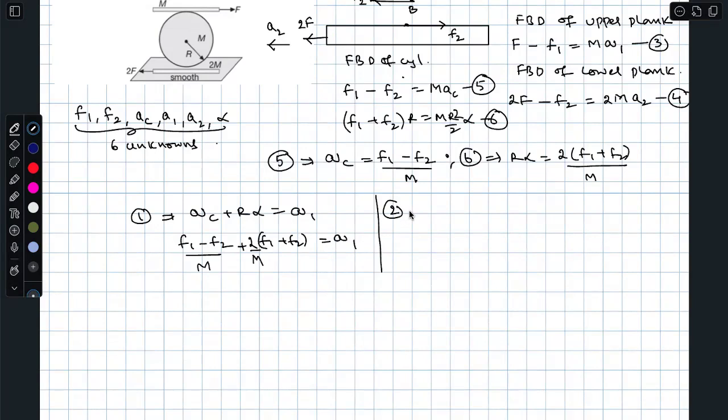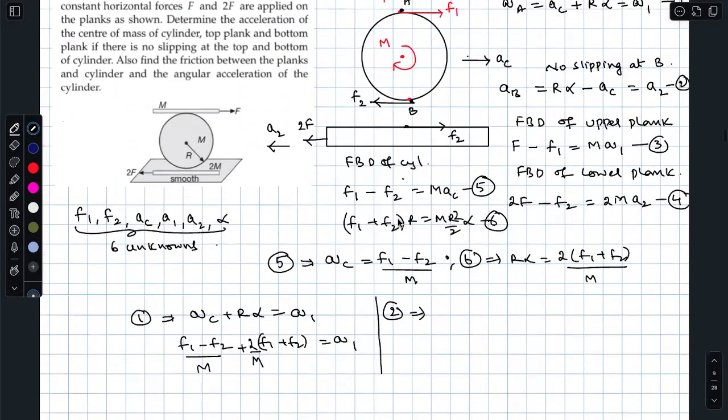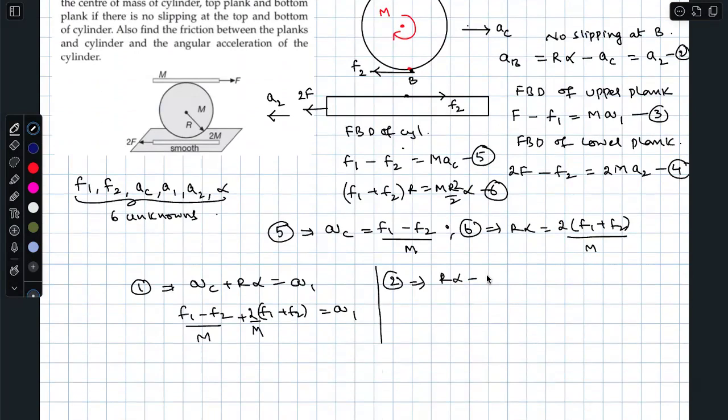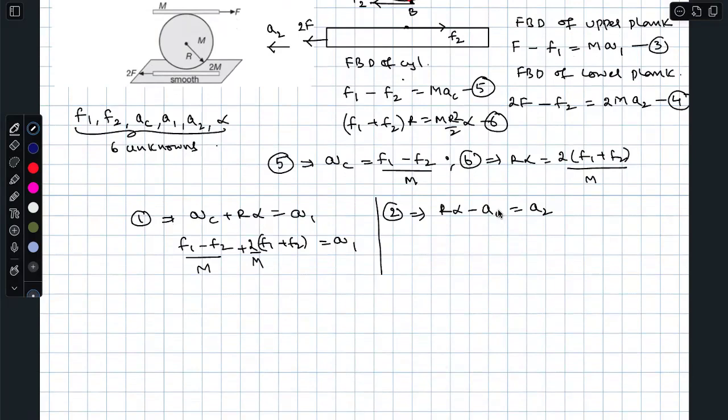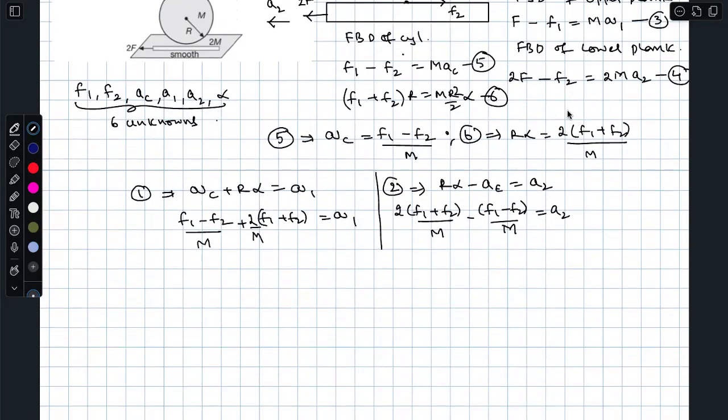Similarly, equation 2 implies R alpha minus AC is equal to A2. So R alpha is 2 times (F1 plus F2) by capital M, minus AC, (F1 minus F2) by capital M, is equal to A2. Right. Now use this A1 and A2 in these relations.